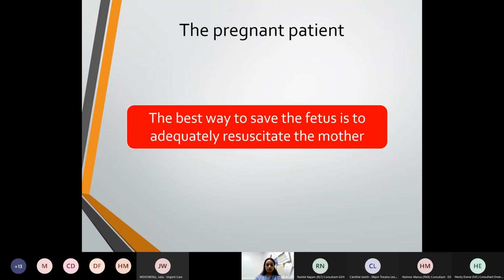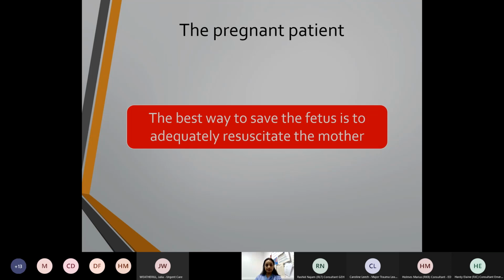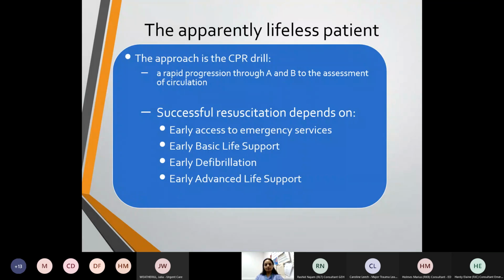So the usual teaching would be to follow the usual ABC approach that you would take, and keep in mind the compression, especially in advanced pregnancy, and that is how you would deal with a pregnant patient. If you come across a trauma patient who is apparently lifeless, when you are thinking about instituting a CPR drill, you will follow the rapid progression through the ABC approach.